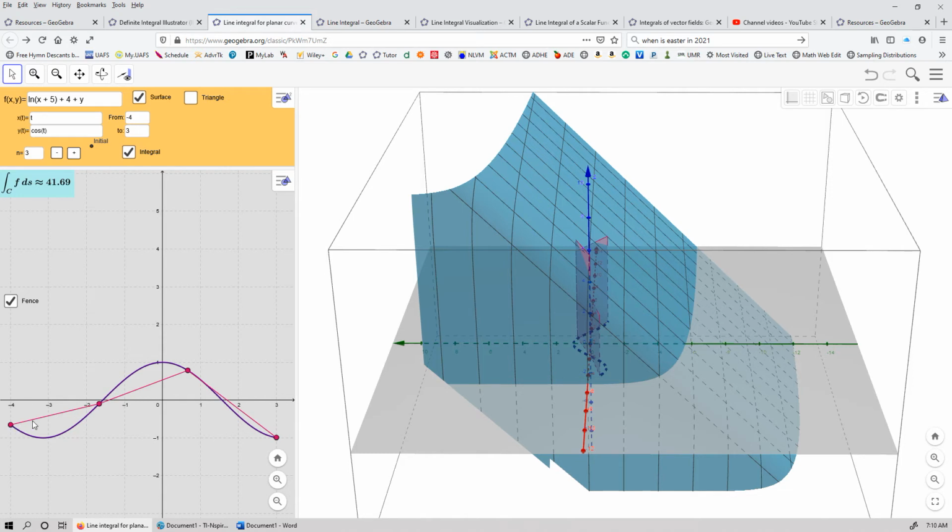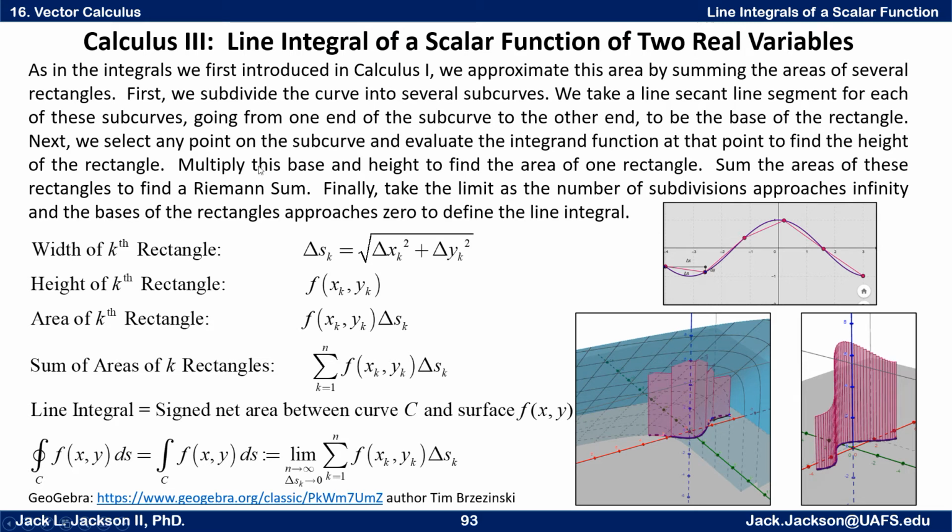The change across this way is the length. I'm going to call that length delta s. Okay, and we have a relationship between delta s and delta t. Let me go back to here and look at the picture here.